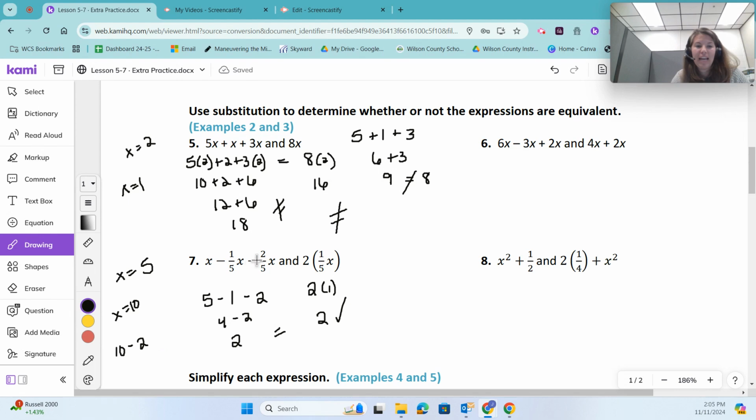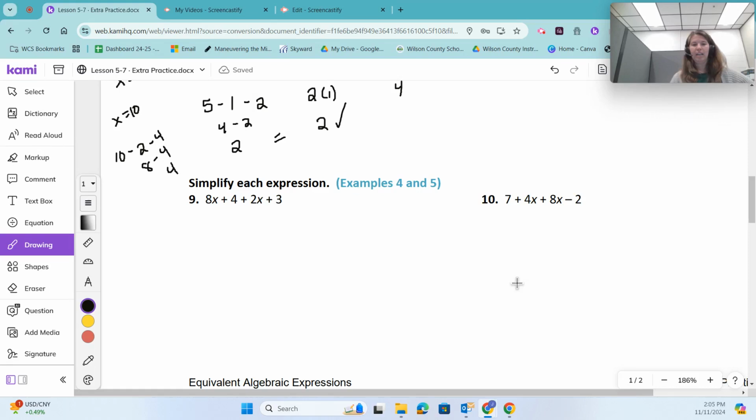And then -2/5 times 10 is going to give you -4. 10 minus 2 is 8, minus 4 is 4. And then 1/5 times 10 is going to give you 2, so 2 times 2 is 4. So again, those are equivalent. And you can try number 8 there on your own as well.